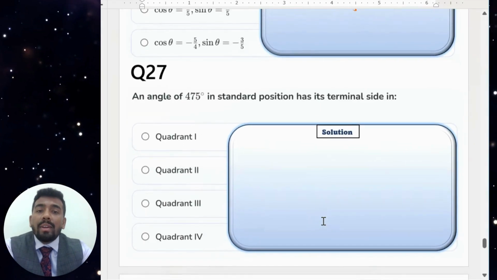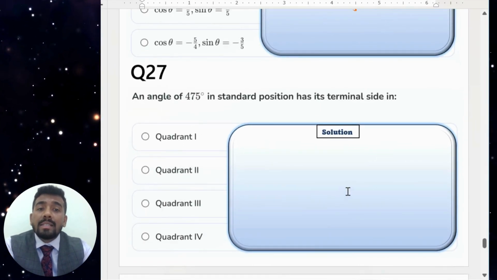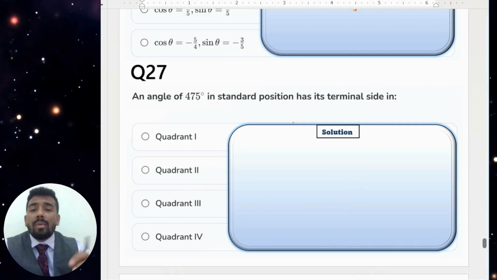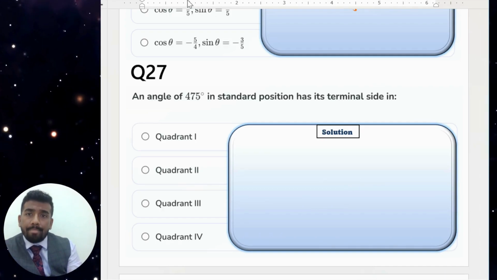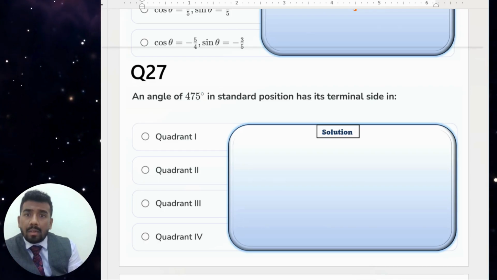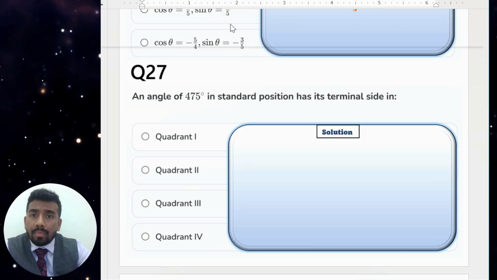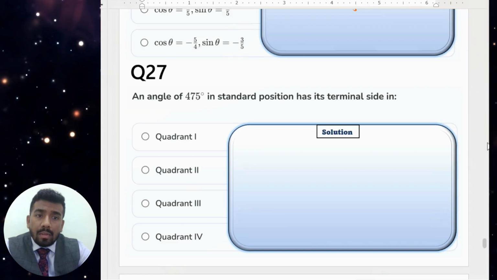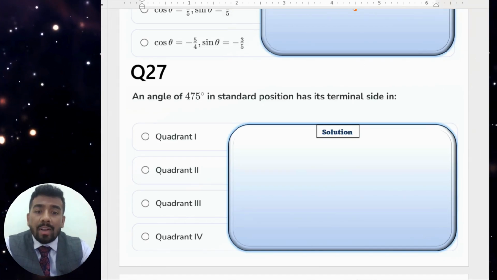Angle 475 in standard position has its terminal side where? Okay, let's draw. Let's do 475.